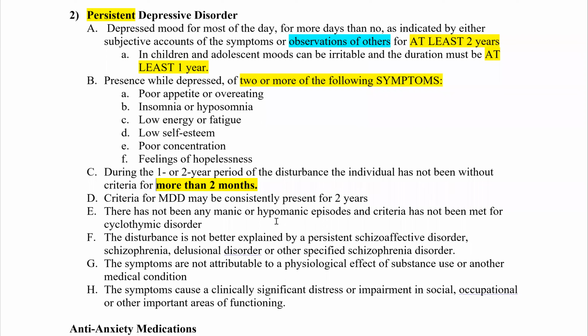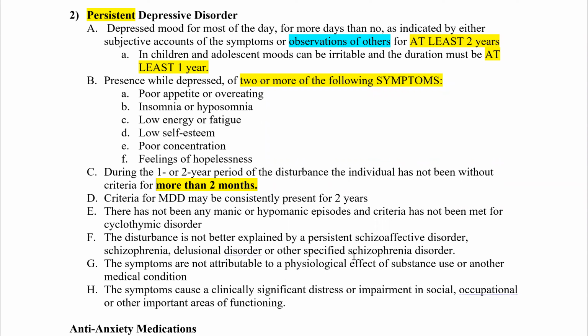In cyclothymic disorder, we're not going to specifically get into it in this session, but it is where they do not meet full criteria for a hypomanic episode, and they do not meet full criteria for a major depressive episode for 2 years or longer. So that is where they have a lower and milder form of a bipolar disorder and a milder form of depression.